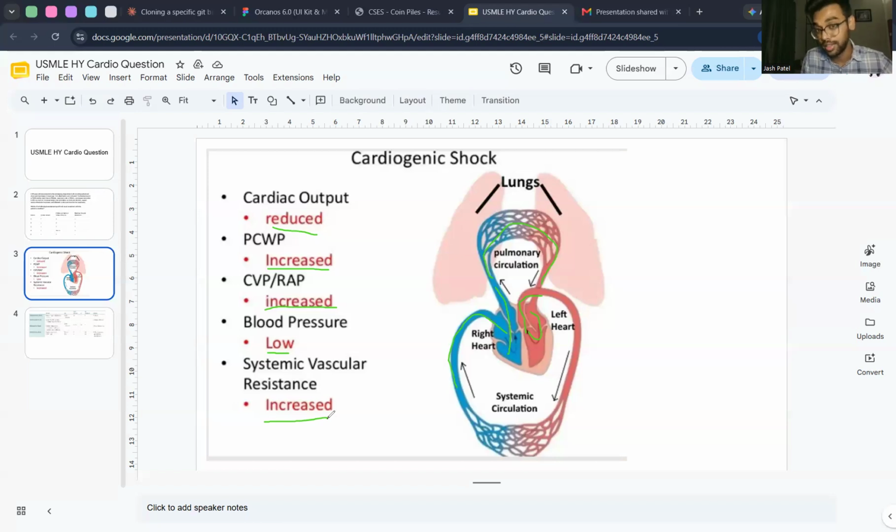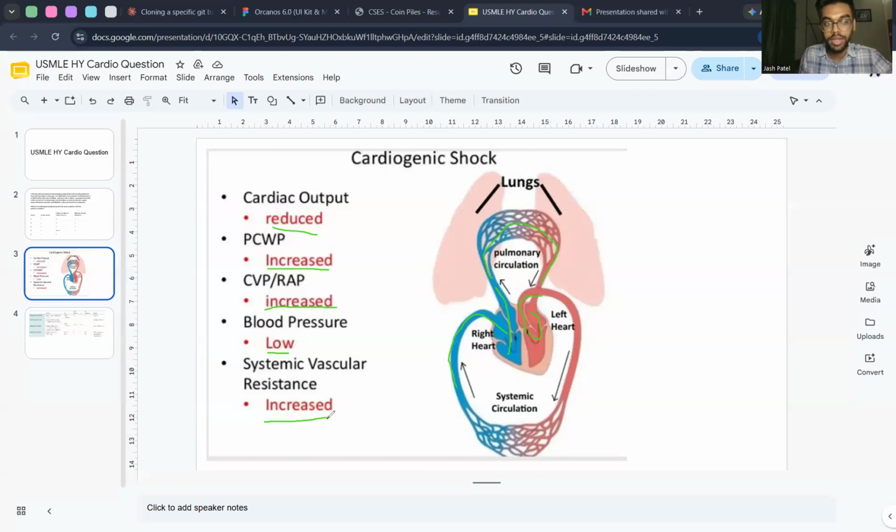And now the more astute ones amongst you must be wondering, if SVR goes up and cardiac output goes down, shouldn't blood pressure remain same? Why does the blood pressure go down? And the reason for that is that by definition, shock means when blood pressure goes down. As I mentioned, it is a product of cardiac output and systemic vascular resistance.